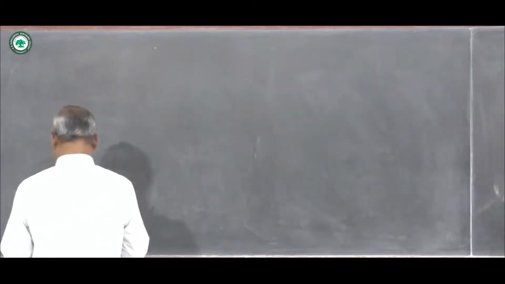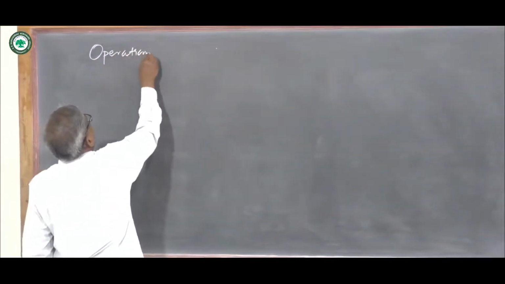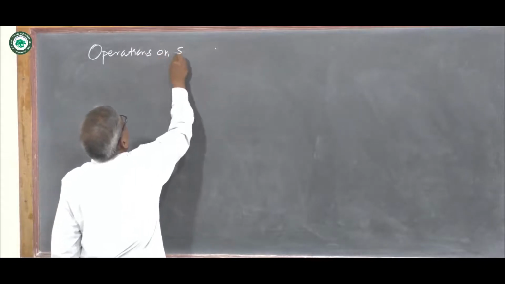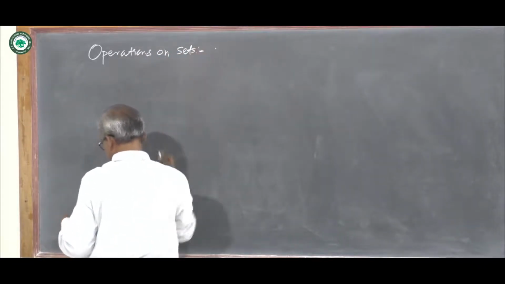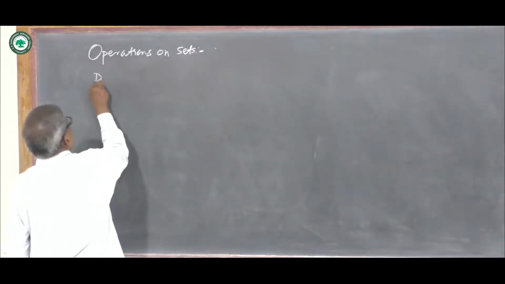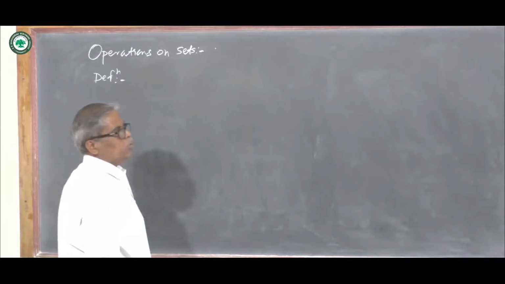Operations on sets. First definition is union.